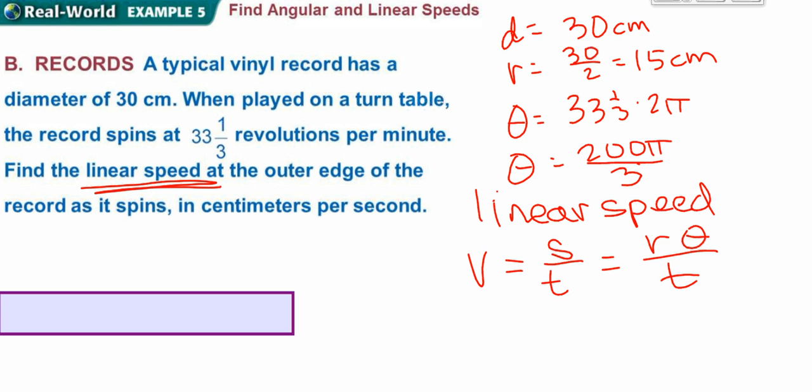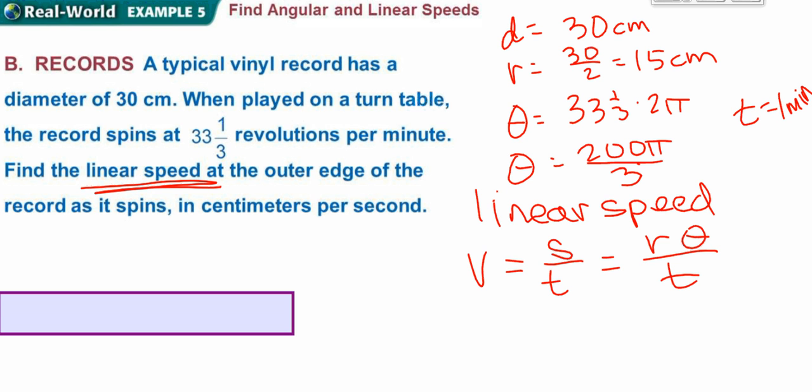What's the only one I haven't written down? T, what is time? Well, right this second, it's 1 minute, I mean, revolutions per minute. But yes, I'm glad it's 1 minute.